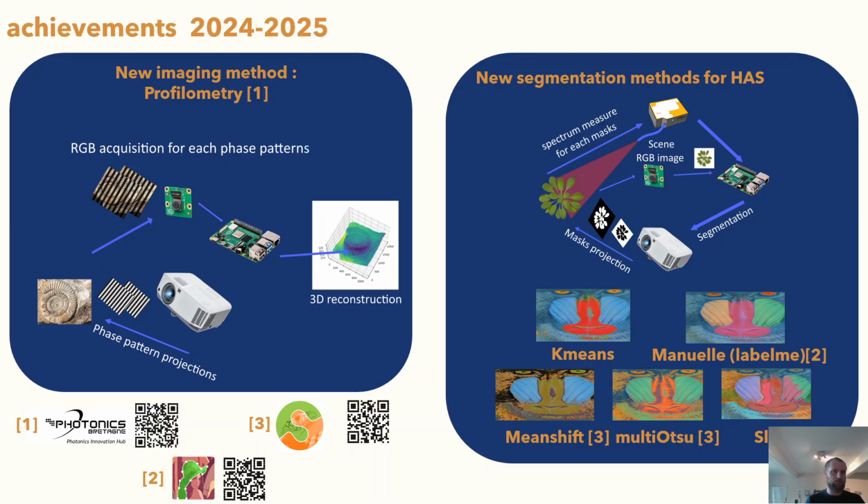The first is a new imaging method, profilometry, in the ONE-PIX kit. It's not really an imaging method, but more a 3D reconstruction technique based on phase. The principle is to project some phase patterns on the scene and take an RGB acquisition for each pattern.